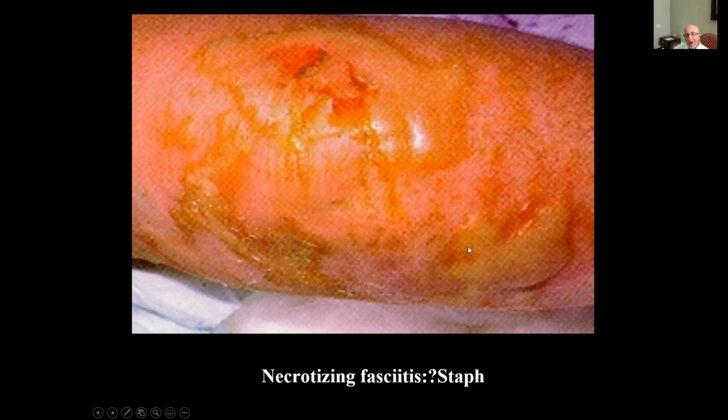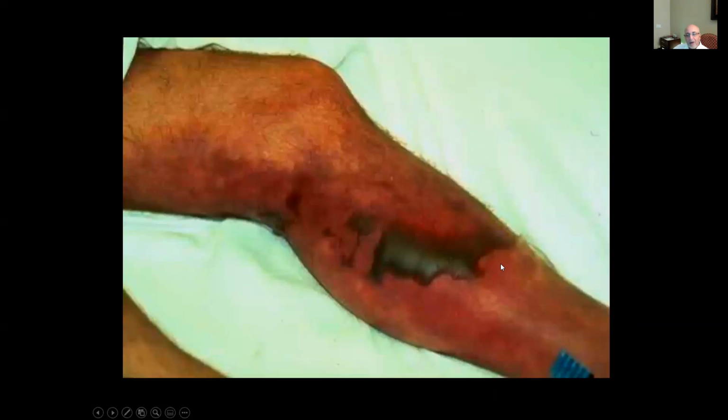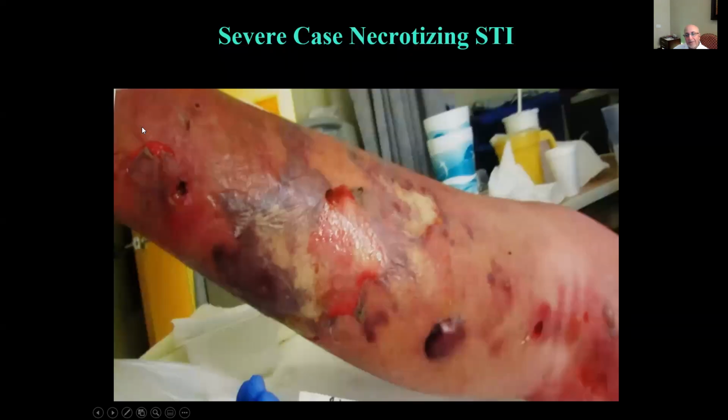However, microbiological diagnosis is required. Here is another example of the violet blue discoloration with blistering and erythema, which is now spreading into the thigh area. This requires urgent surgical intervention and fasciotomies and debridement and possible amputation.